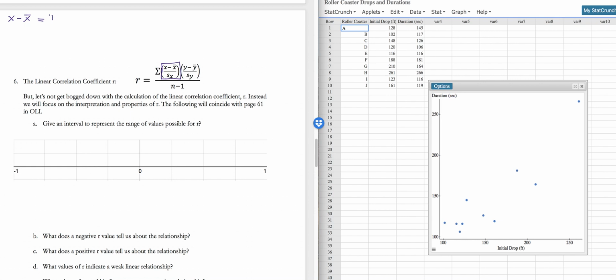So this is finding us the distance from our data point, which is x, to the mean, which is x bar.